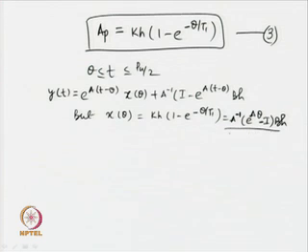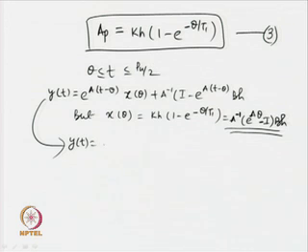Substitution of this in the expression y t, we get y t is equal to e to the power a t minus theta. I will substitute over here the expression for x theta. So, x theta has got two parts.